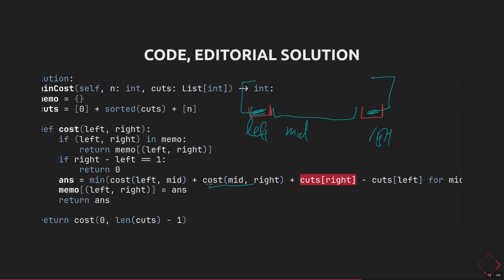This is in salmon, and this is also in a salmon color. And you add the cost, you add the current interval, and the current interval of that cut is, well, to the right and to the left. So these are fixed for the particular problem.